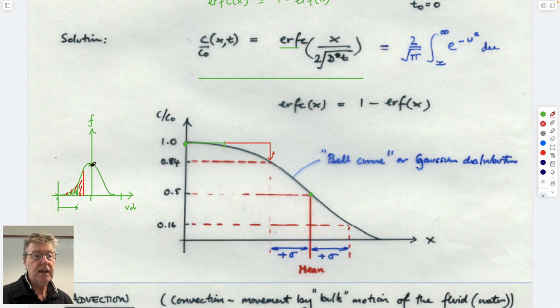And so by the time you get to this, by definition, this is the mean. And this is the standard deviation, which is either side of the mean. This would be SD. One standard deviation, sometimes you call it sigma, often. So this would be the magnitude of the values, one standard deviation either side of the mean.